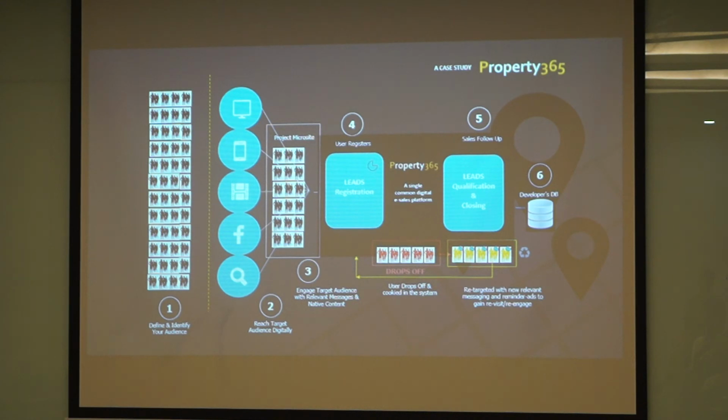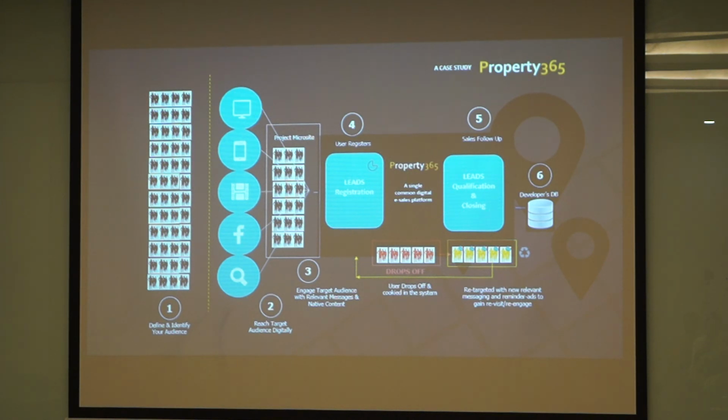Are you equipped with information apart from your property information? So you create a project microsite that is compelling. You get them to engage, get them excited, and when they register, it will turn into a lead, and it will drop onto the Property 365 lead management system, and then you can qualify them or even close them.